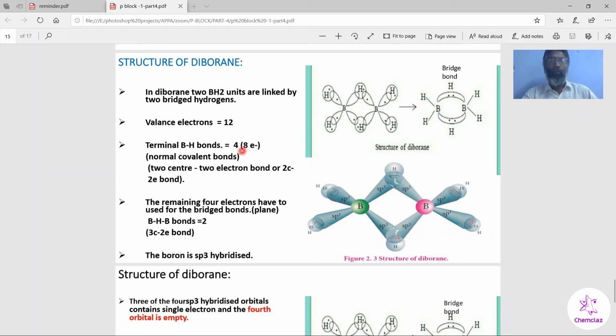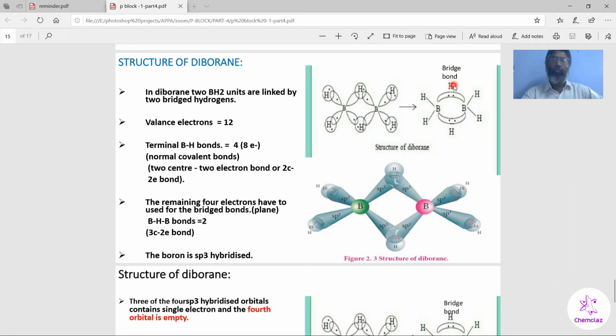Out of 12, 8 electrons are involved in boron hydrogen bond formation, 2 electrons each, totally 8. So how many electrons remain? Only 4 electrons remain. These 4 electrons are involved in the bridge bond formation.